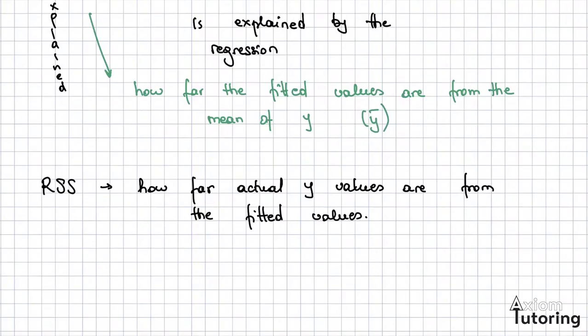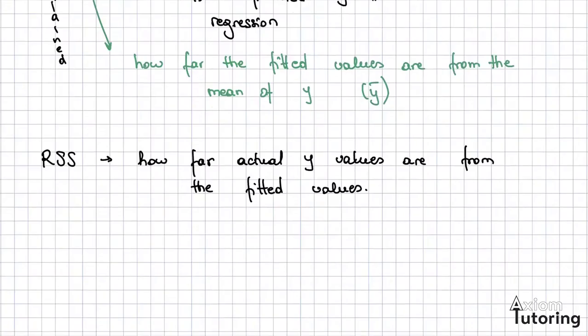So this is the variation left unexplained by the model. It's encapsulated in that residual. The RSS, in a sense, is the variation that the model fails to explain.